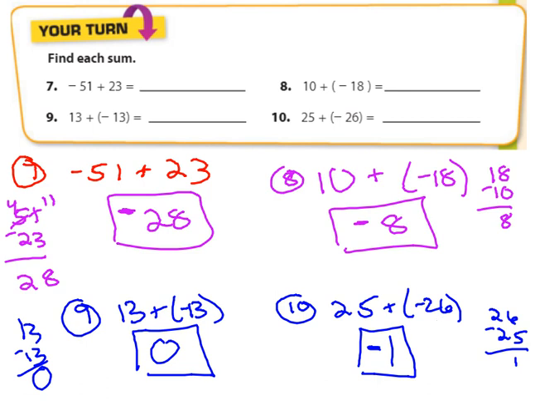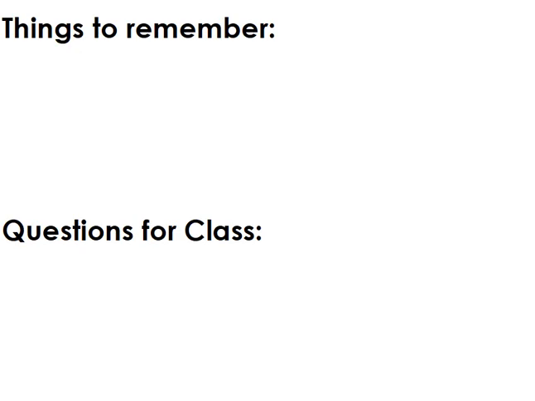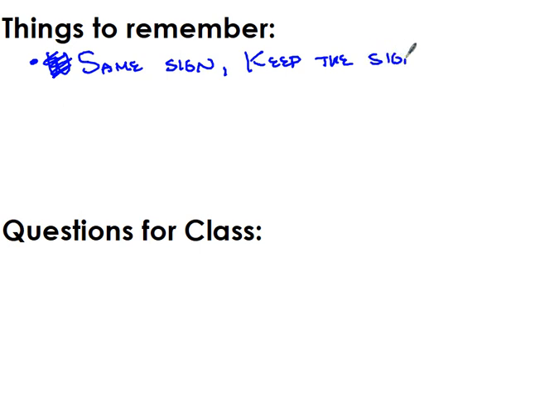And that's it. Okay, so with the things to remember, what I want you guys to jot down is we're going to summarize the rules between adding numbers with the same sign and adding numbers with different signs. If we're adding numbers with the same sign, this is lesson 1.1, we always keep the sign and add the numbers together.